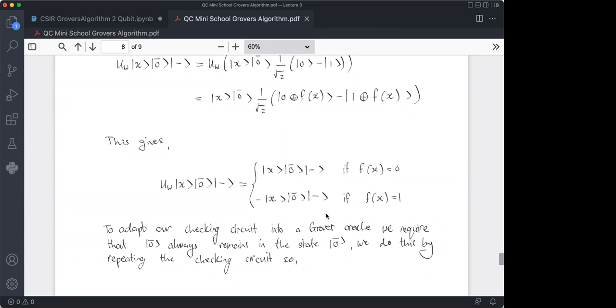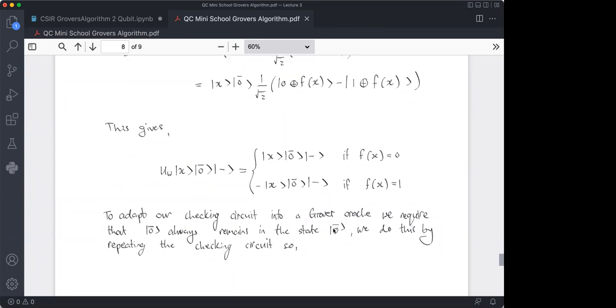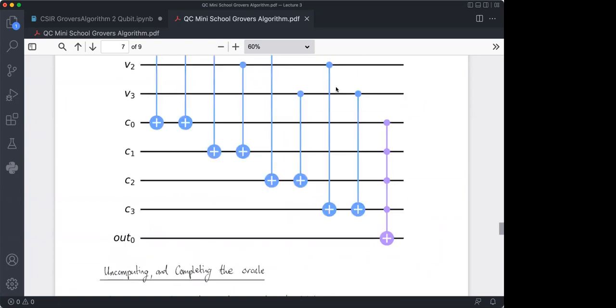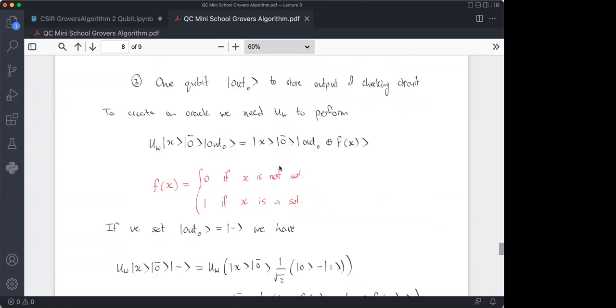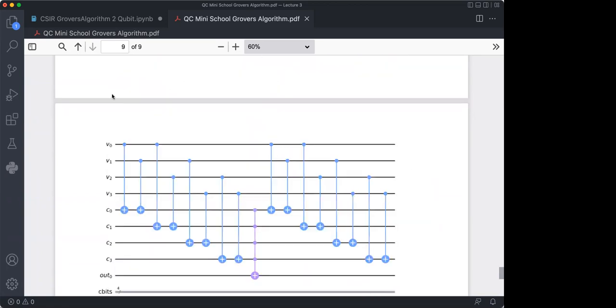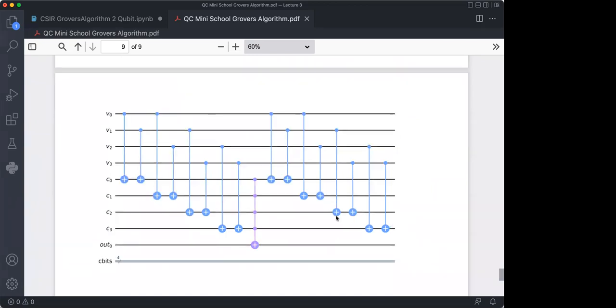And the way we can fix that is by repeating the checking circuit. By that I mean repeating this portion of C naughts here, and we call that step uncomputing. So in the end we have a full circuit that looks like this, and this is the Grover's oracle that will solve our binary Sudoku problem.